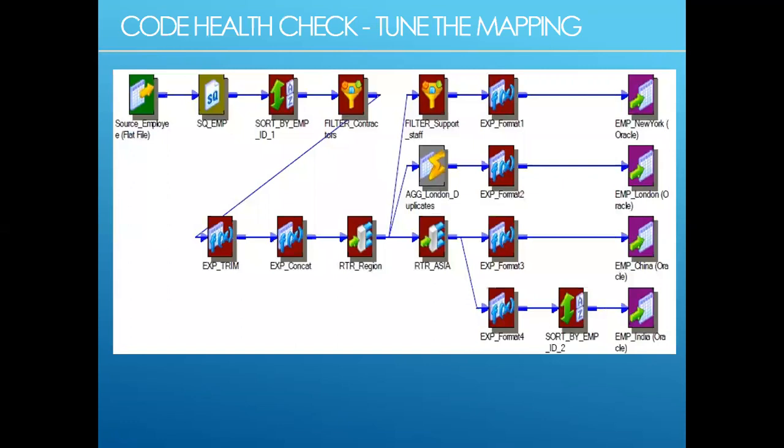Okay, here is another example in the diagram. This is a mapping that, suppose, you created. First you need to understand what are the areas that are causing the problem. By looking at the mapping, you should find out this is the section where I can see the issue. So let's go to the next slide.